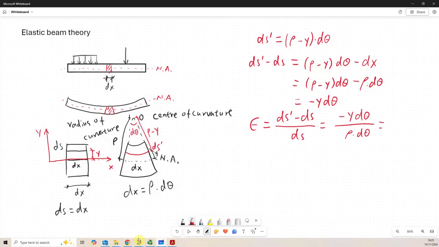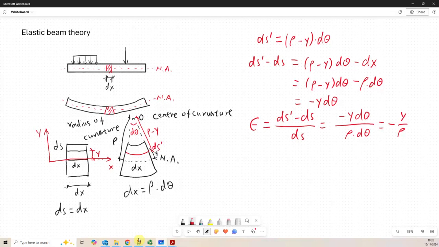Then we cancel d theta and derive y over rho, where rho is the radius of curvature. So the strain along this line is equal to y over the radius of curvature, where y is the distance between the neutral axis and the line we are studying.